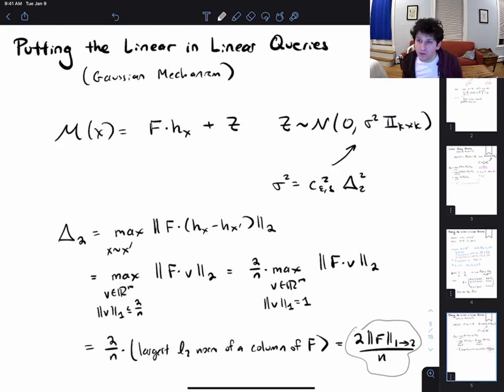And one thing you can do is check that this is exactly the same as the quantity that I called the L2 sensitivity before. There goes a cat. So this is the L2 sensitivity.